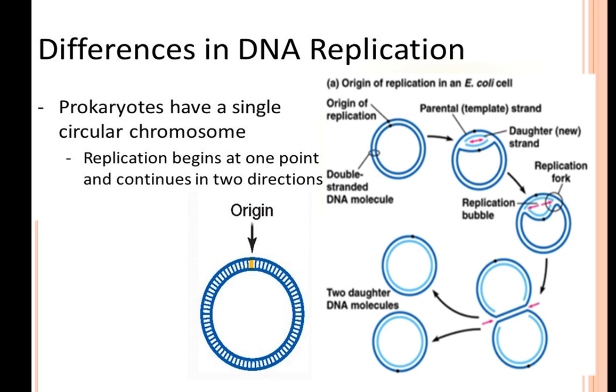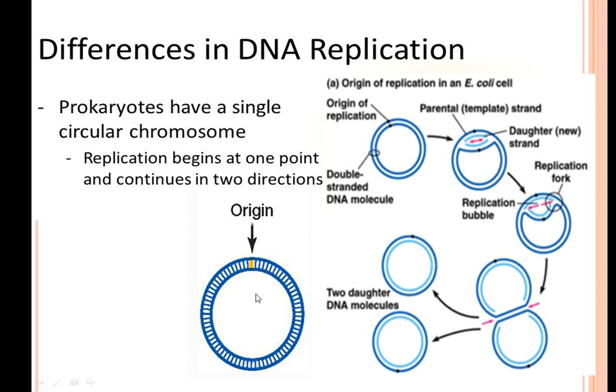DNA replication in prokaryotes. Prokaryotes have a single circular chromosome, and replication begins at one point and continues in two directions. Here also the DNA unwinds at the origin of replication.